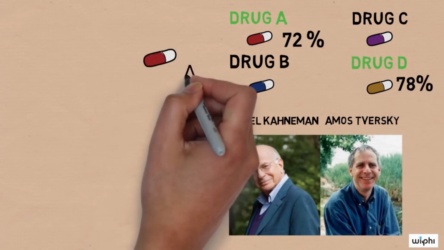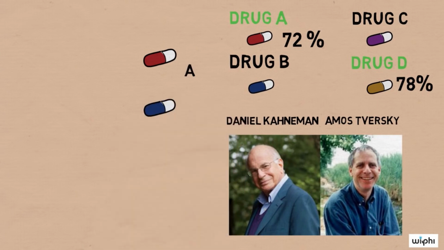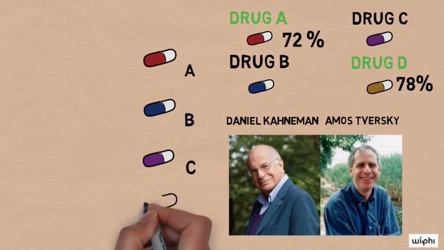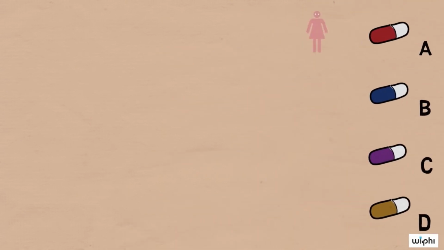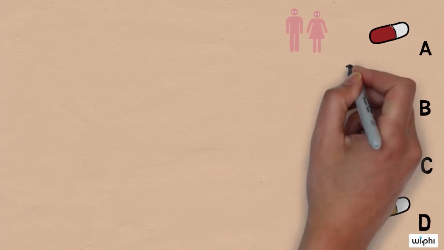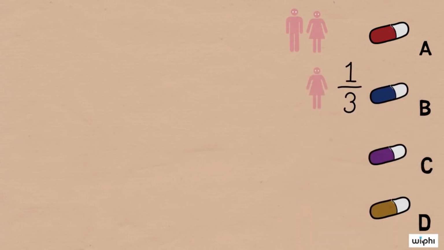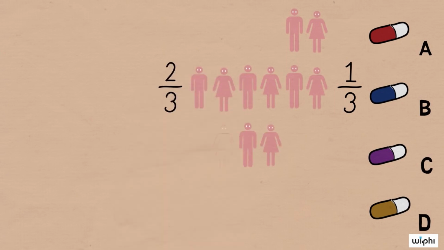But let's take a slightly different look at both sets of outcomes. In fact, let's depict both choices in terms of the number of people who will live and die. Here's your first choice. Drug A will save 200 million people for sure, and for drug B, there's a 1/3 chance that all 600 million infected people will be saved, and a 2/3 chance that no one infected will be saved.